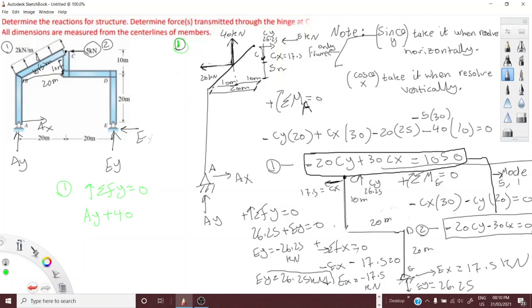You have here Cy downward, which is negative 26.25, equal to 0. So 40 minus 26.25 will be Ay equal to negative 13.75 kilonewton, where Ay is equal to 13.75 kilonewton downwards, since our assumption is wrong.